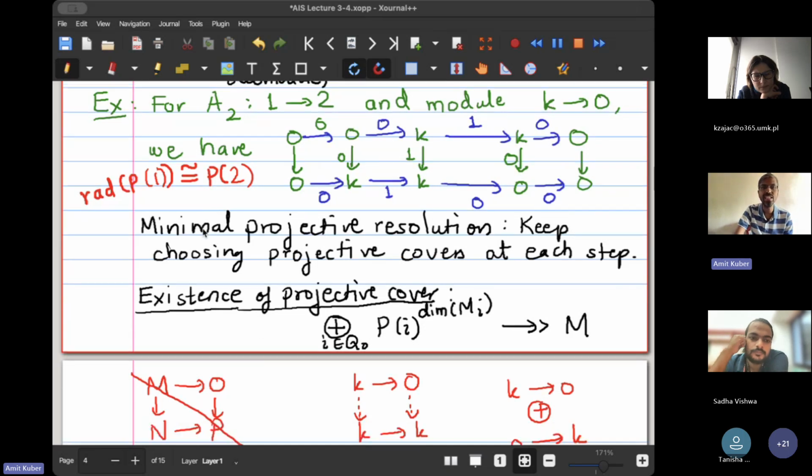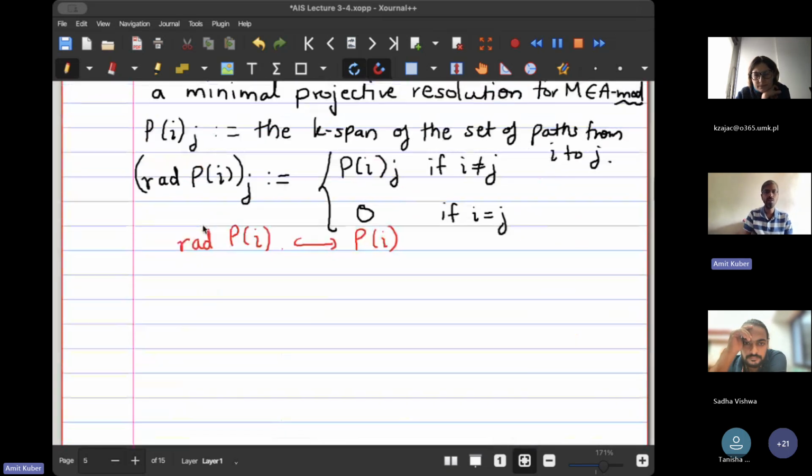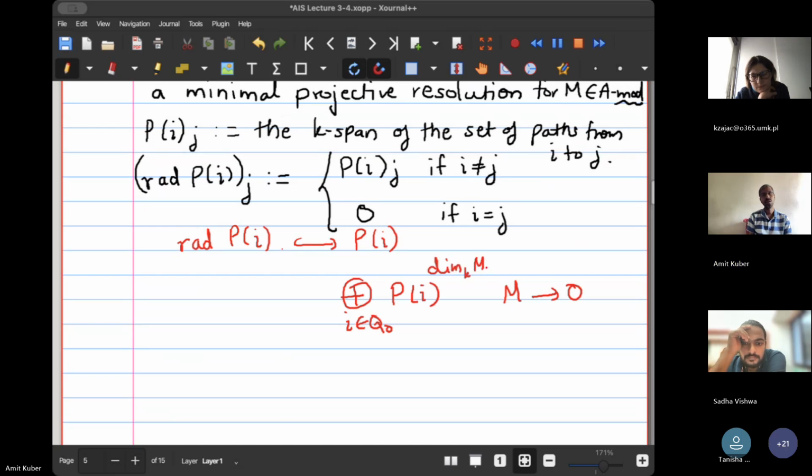Okay, so in general, what will happen? Now try to think about this. This is our projective cover. So I'm starting with some M, then I'm taking 0, and this is the direct sum over all the vertices of dimension mi many copies of Pi, and this definitely maps onto it.